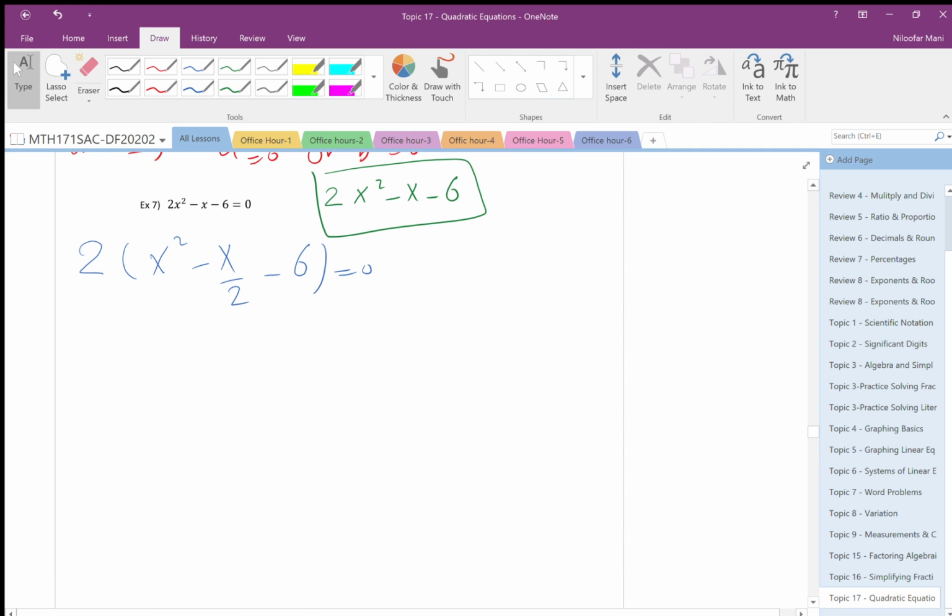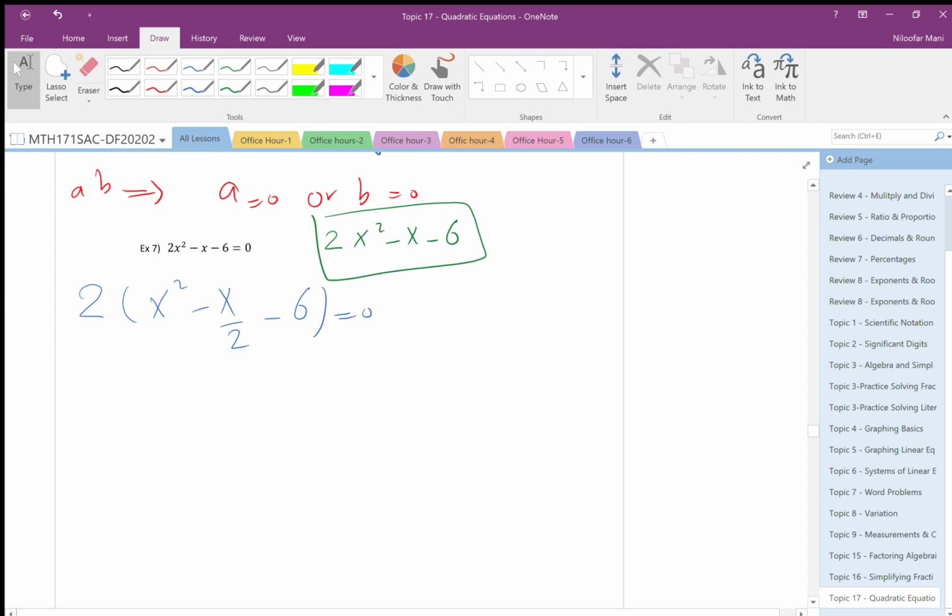Okay? But here it's different. I have equal 0. So I factor 2 mathematically. When I have multiplication, I say the first one equals 0 or the second one equals 0. 2 is not 0, so of course I am sure this one equals 0. And then I have 1 here. So I use the number beside x, which is 1 over 2.